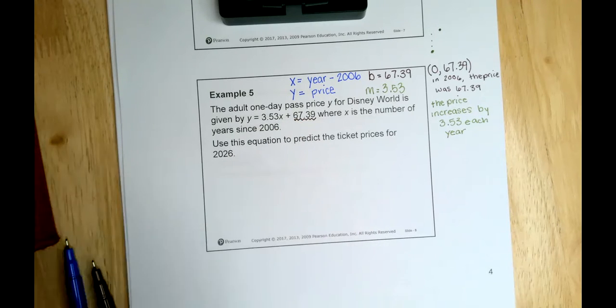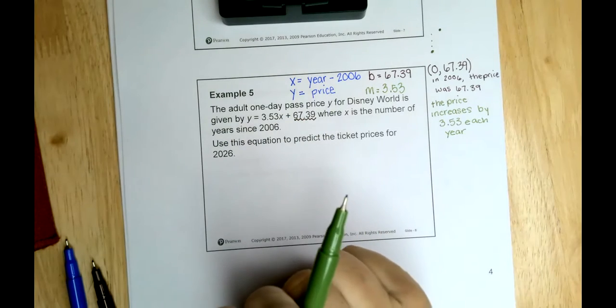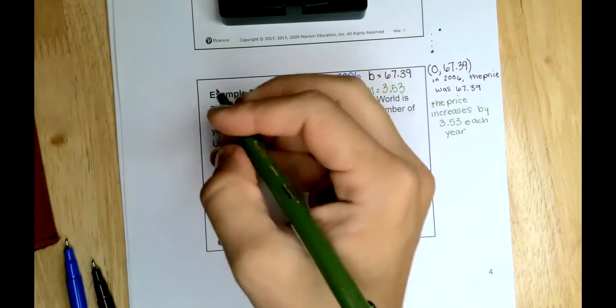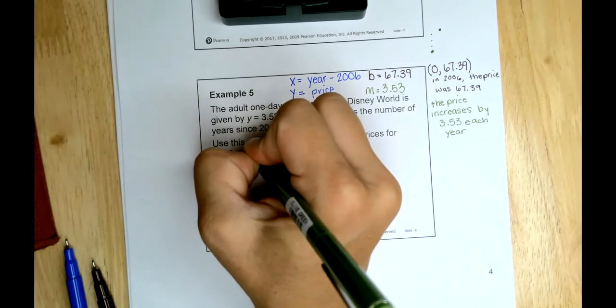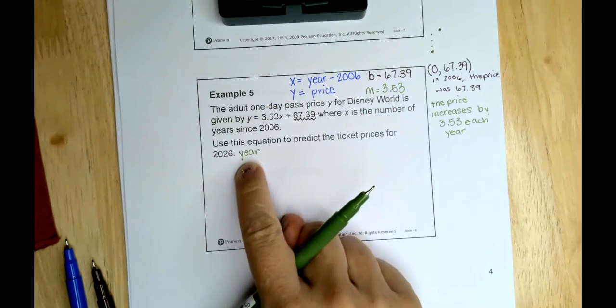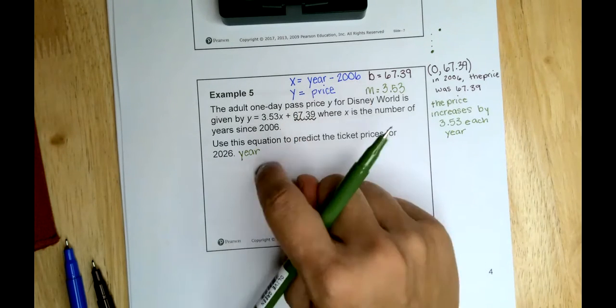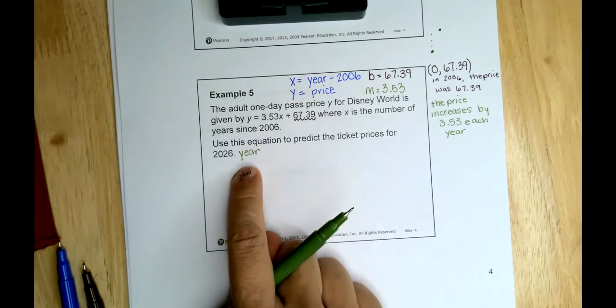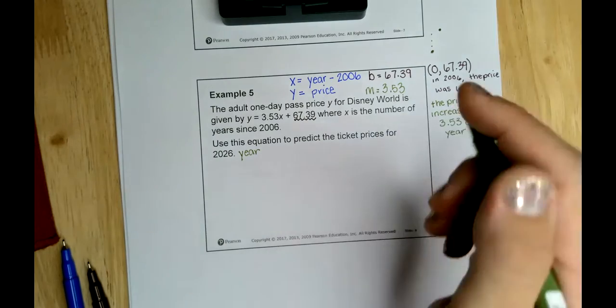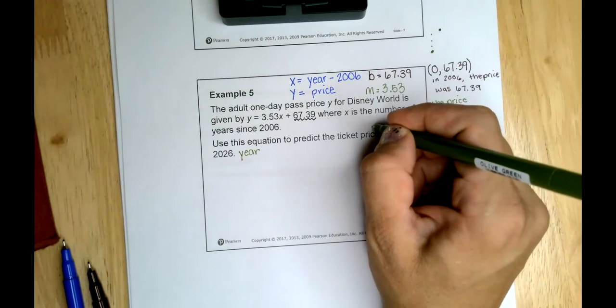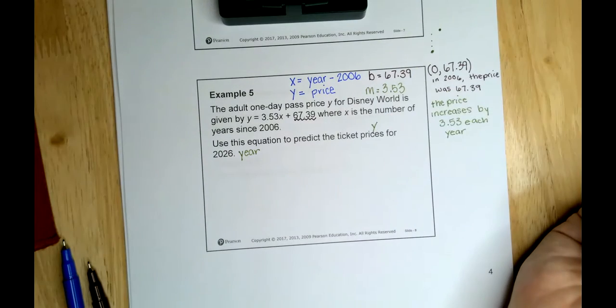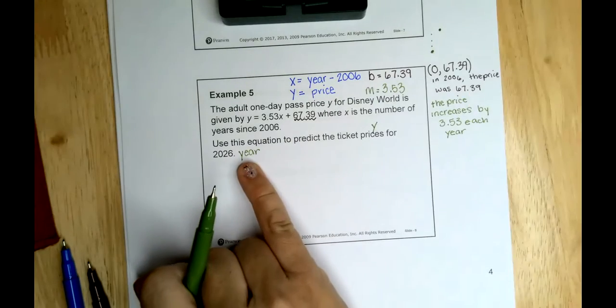2026. What do we need to do with the number 2026? Can I just put 2026 in there? 2026 is a year, right? And so the only place I see year is here, year minus 2006. So if I want to find X, right? Oh, and I want to find Y, right? The price is Y. So we're finding Y, and we have a year.